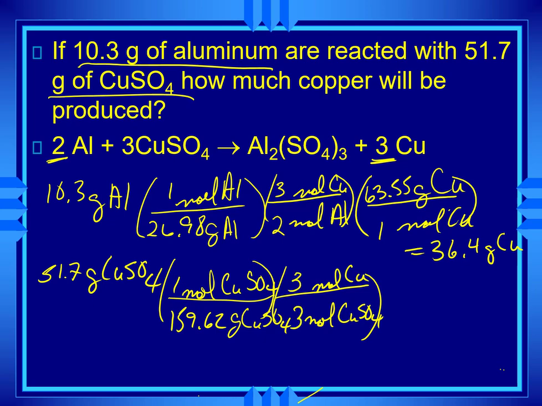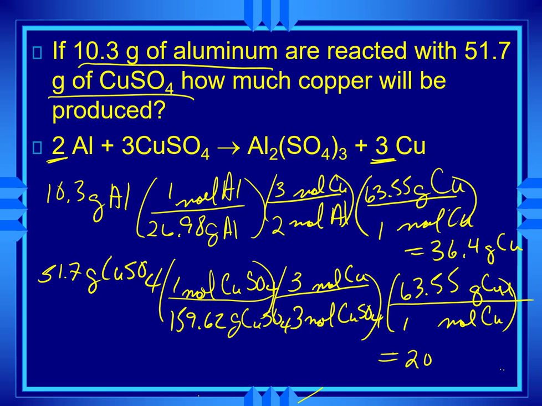That's 3 and 3 out of my balanced equation. And then moles of Cu to grams of Cu. And 1 mole is 63.55 grams. That gives 20.6 grams of Cu.